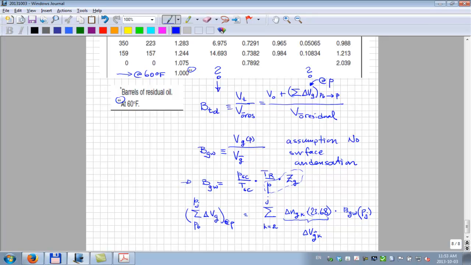So you're taking how many moles were released, converting it to a volume at this particular pressure, PJ, each time, and adding all of those volumes together.